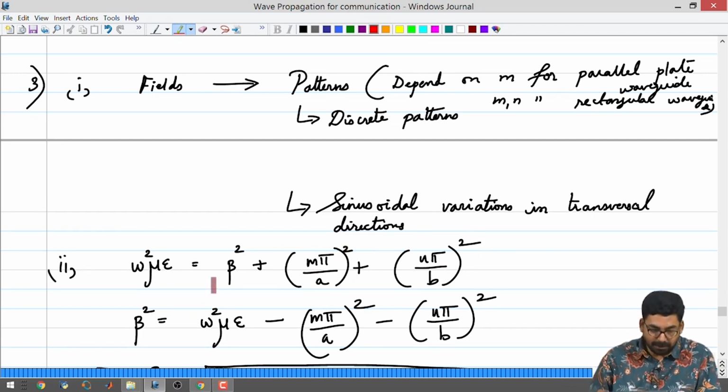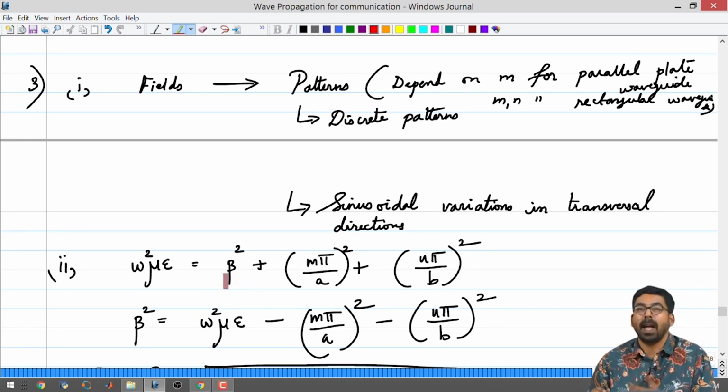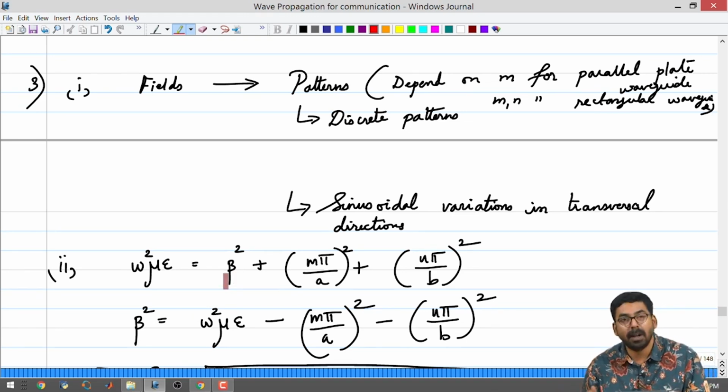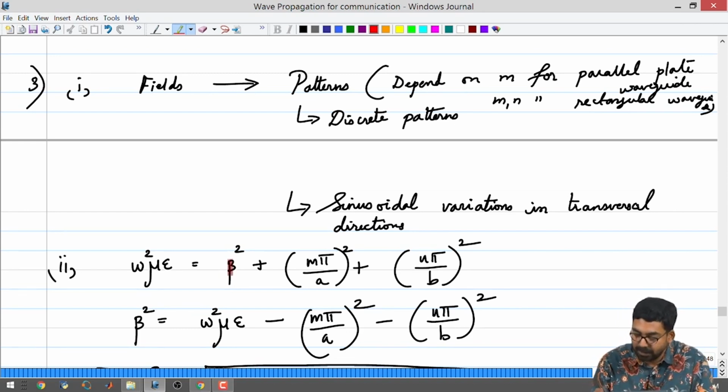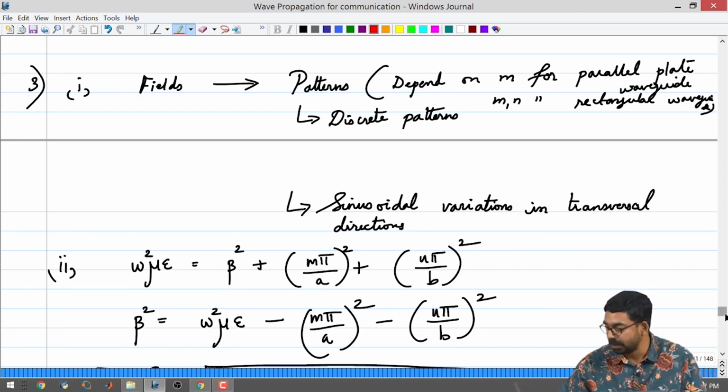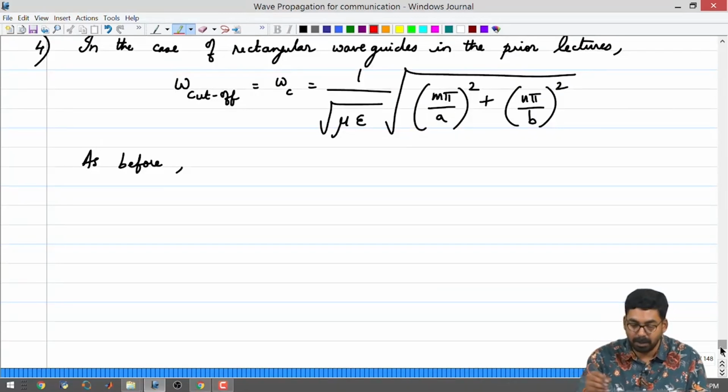Now, instead of beta we just have to substitute L pi by d. So, the same old expression we can use, just that we have to make a substitution for beta to be L pi by d in accordance to the boundary condition for the structures that we are talking about now, right.